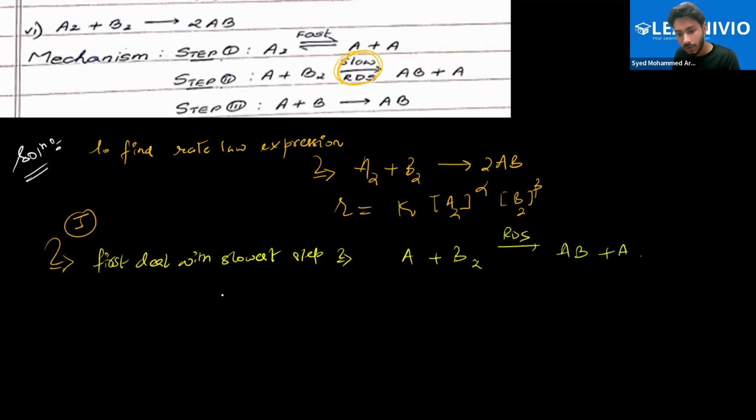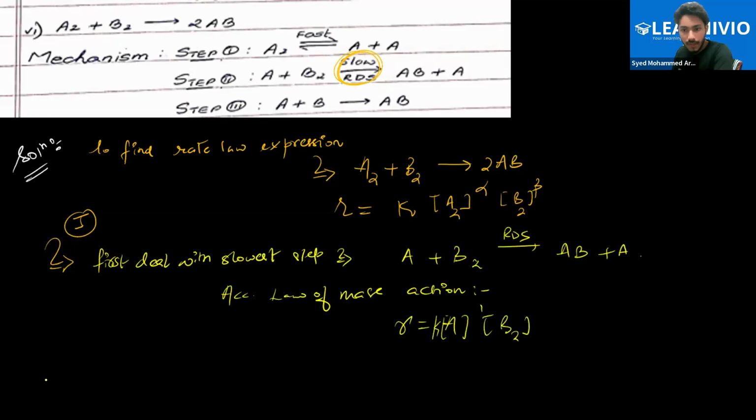According to the law of mass action, my rate of the slowest step would be k multiplied by A to the power of 1, B2 to the power of... no, I have to simplify.